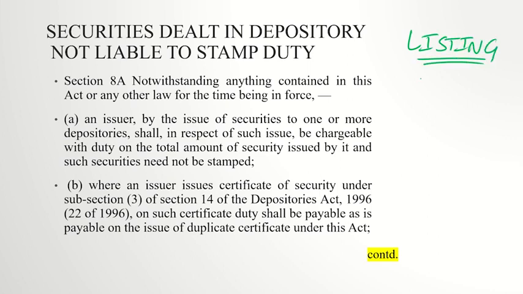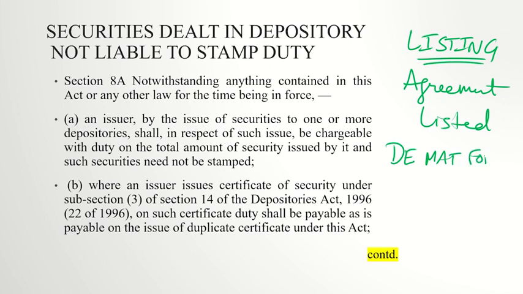Listing agreement is for any company which is listed. Please understand, if the shares are in demat form, it may be for a listed company, an unlisted company, or even a private company.